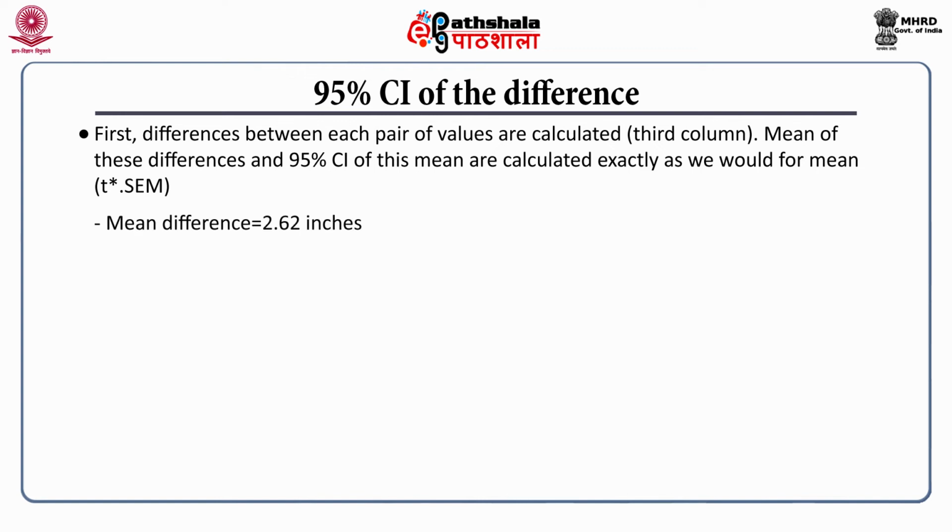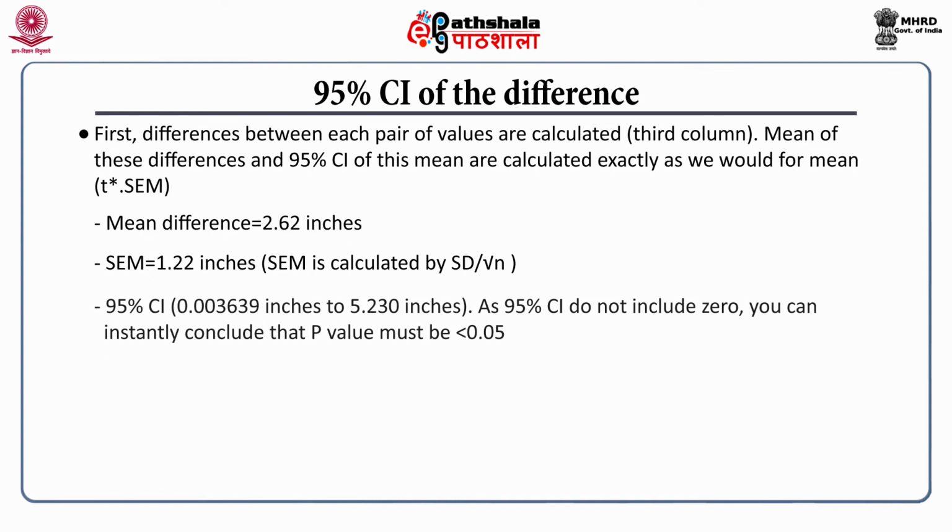The mean difference, which we found in the table, is 2.62 inches, while the standard error of the mean is 1.22 inches. So we can calculate the 95% CI, which extends from 0.003639 to 5.230.